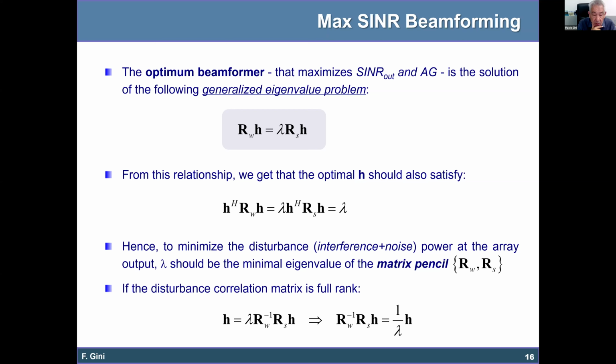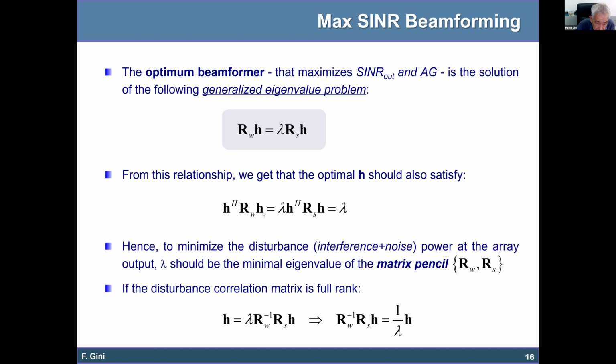Now remember that the optimal H should satisfy the distortionless constraint. So if we multiply on the left by H Hermitian, this relationship becomes H Hermitian Rw H equal lambda H Hermitian Rs H. But because of the constraint, this should be 1, and so this is lambda.